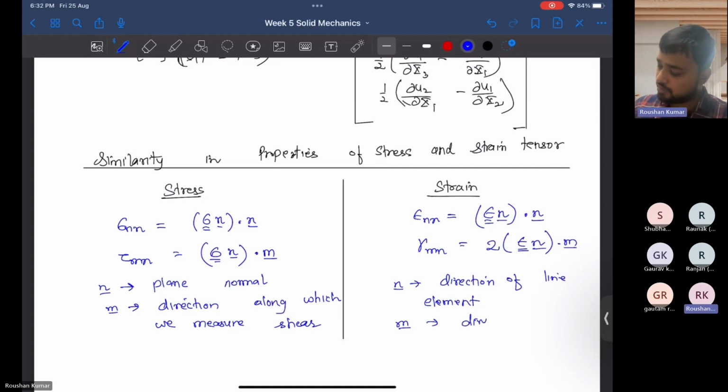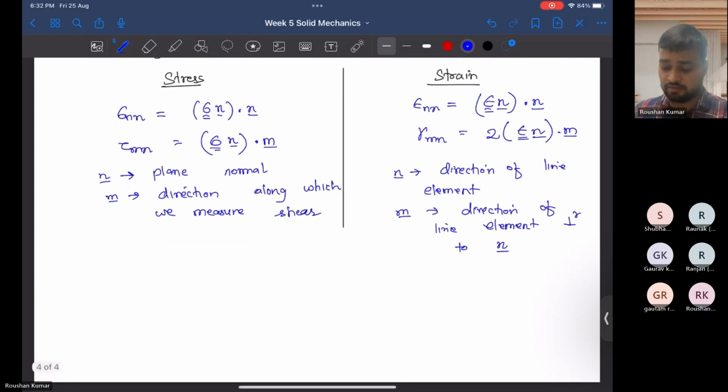So this is the similarity between the properties of stress and strain tensor.